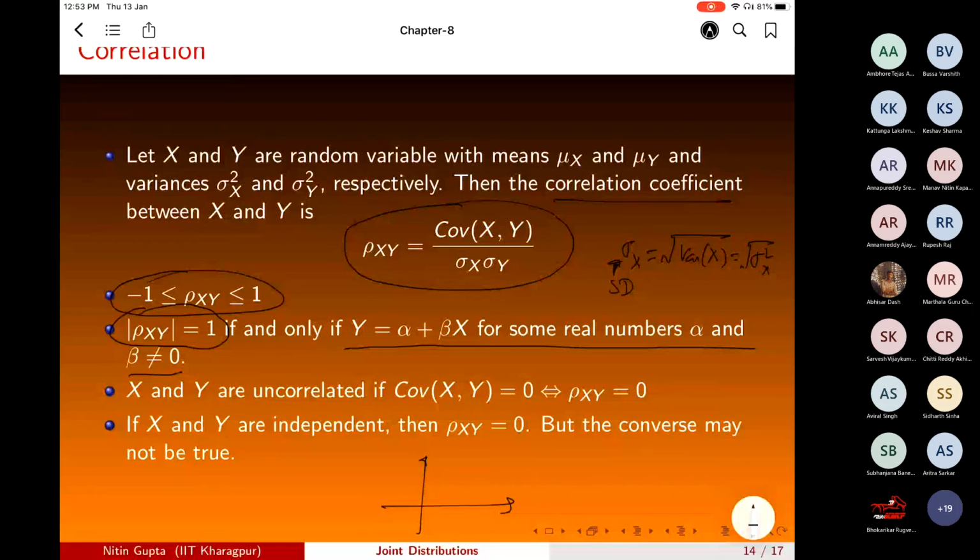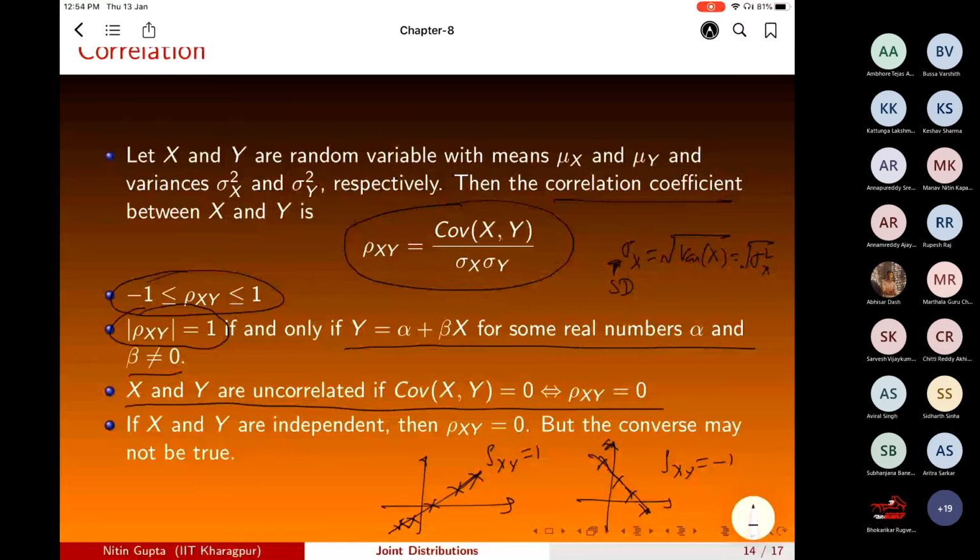If the correlation coefficient is negative, x and y are negatively associated, and all the data points between x and y basically lie in this fashion. And x and y are uncorrelated if covariance xy is 0. That is the definition, basically covariance xy is 0.